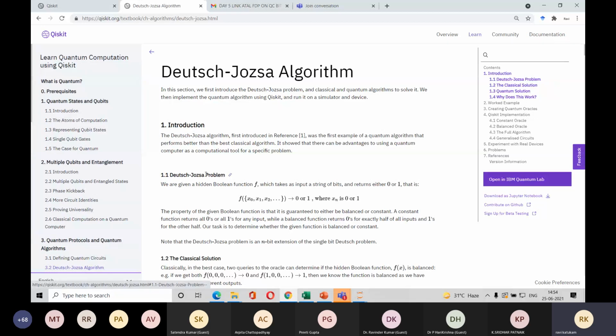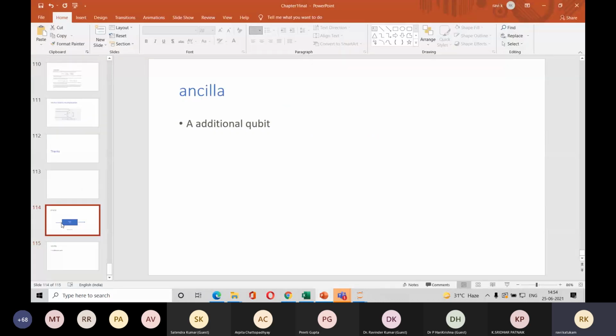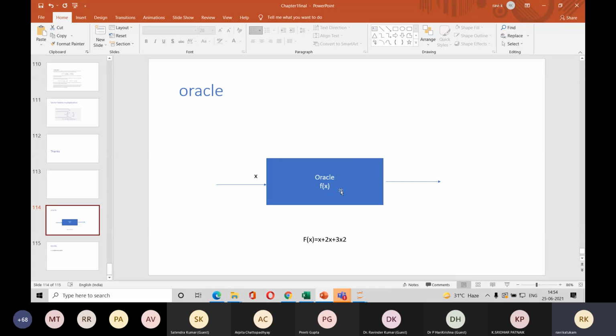Let me tell you. We are given a hidden Boolean function f, which is nothing but the f of x that I explained now. We don't know what the real function is, but we know there is some f of x. Whether it is x cube or a sum of x terms, we don't know.